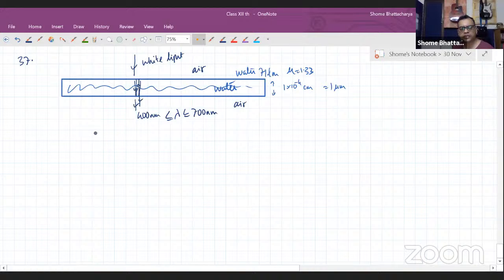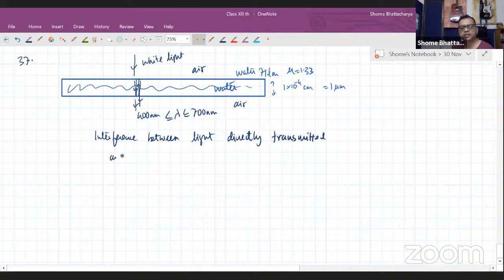Okay. So interference you have to consider between light directly transmitted and light.